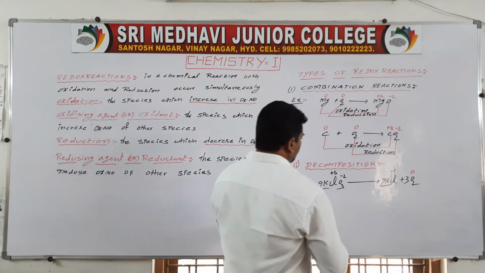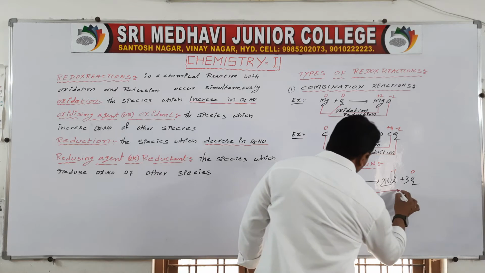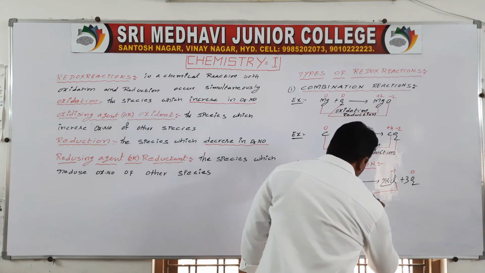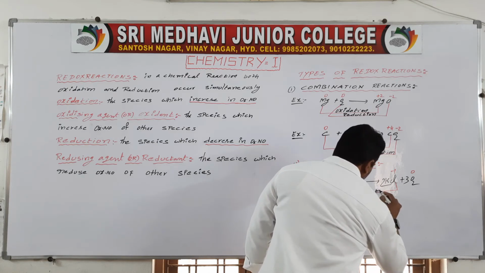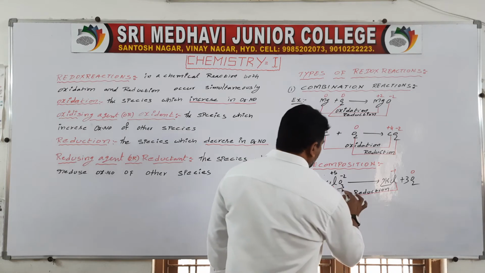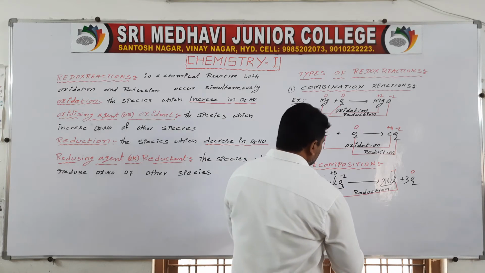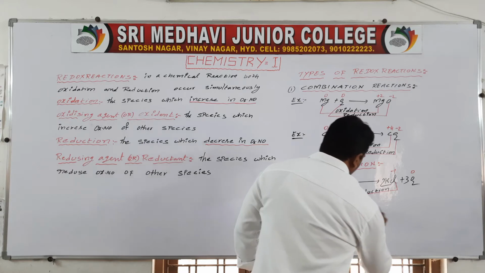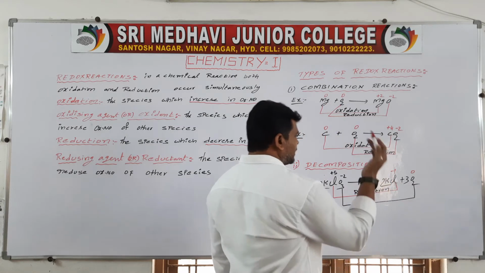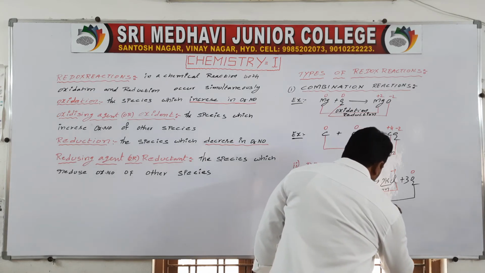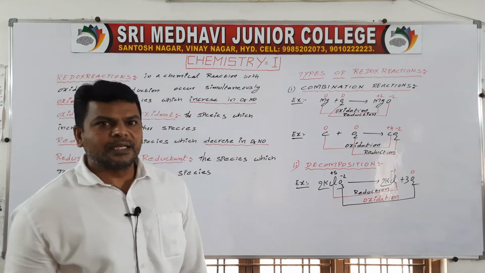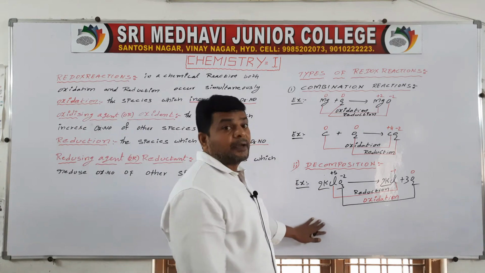Chlorine goes from +5 to -1, reduction. Oxygen goes from -2 to 0, it increases, so oxidation. Understand? So it is a decomposition reaction.